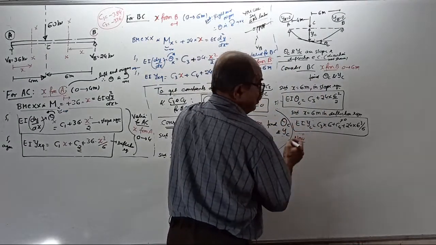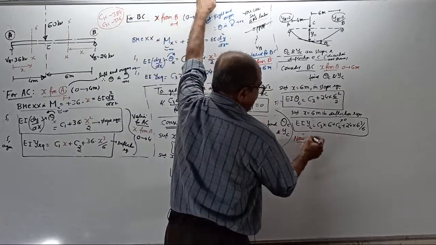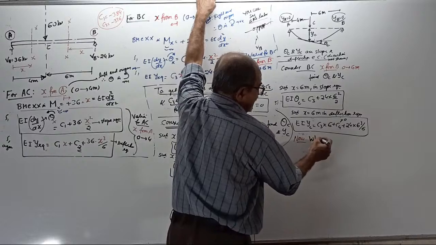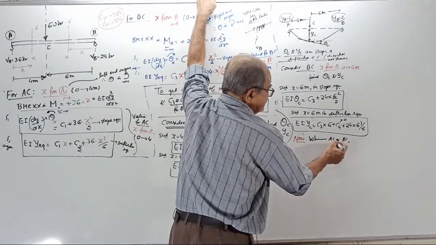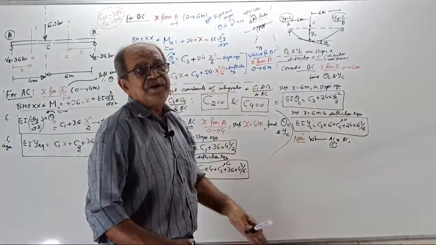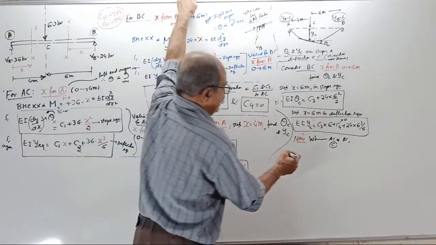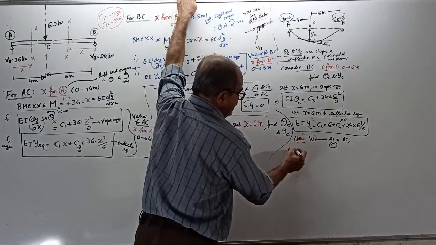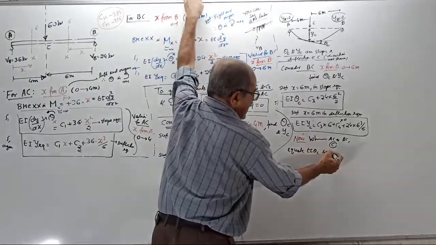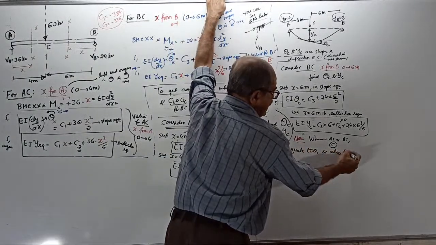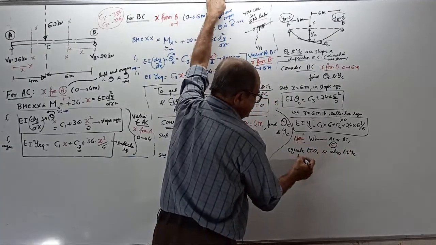Now, very easy. What to do? Write a note. Whether we consider the AC portion or the BC portion, C is the common point, irrespective of this side or that side, the answer is same. Therefore, equate EI theta C and also EI YC from both sides.